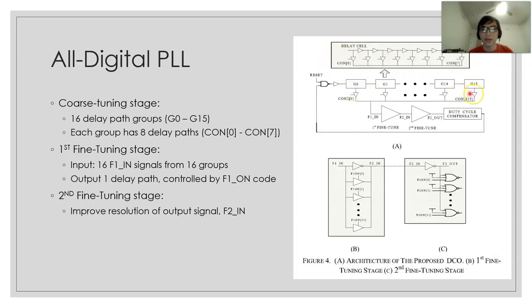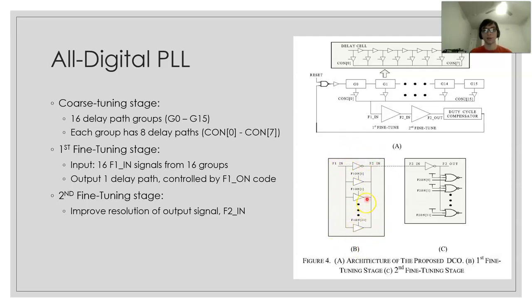So there are 16 groups here. The first tuning stage will take one delay path from each group using the con signal in here. All of them are connected to the F1A signal in here, and the closer design will be this one.